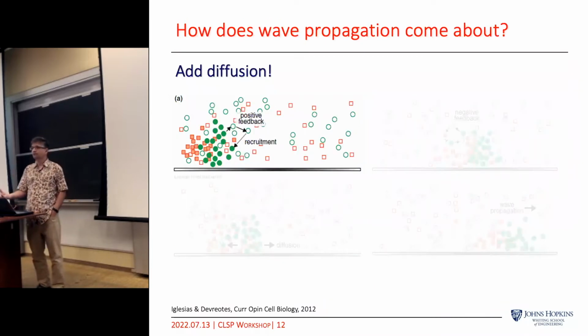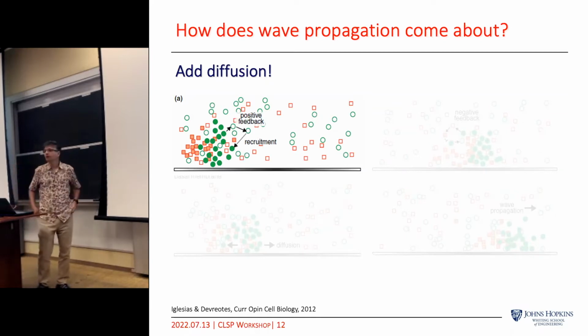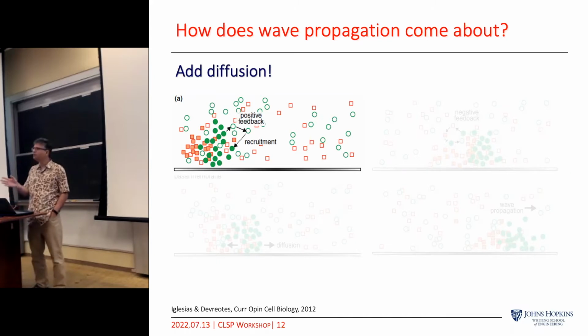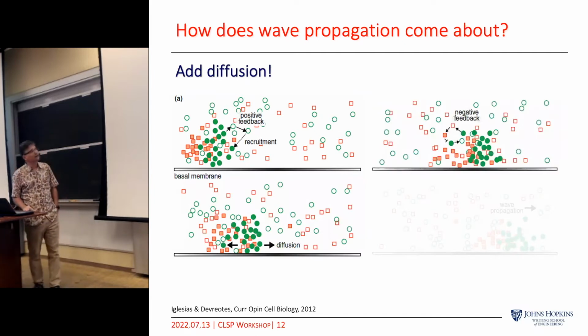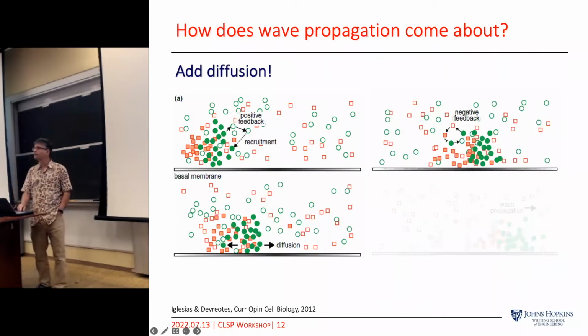If you add diffusion to these molecules, assuming they're molecules, then what you end up having are waves. I'm not going into the math; this is an explanation of waves for biologists for whom any math is a hurdle. But the idea is that the green circles are activated proteins.